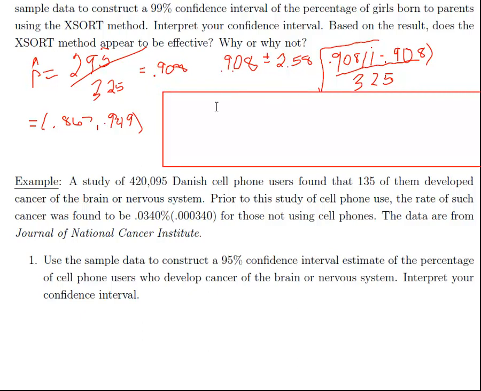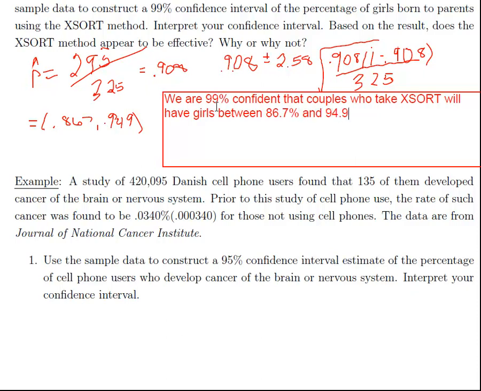So I can start out by saying we are 99% confident that couples who take XSORT will have girls between 86.7% and 94.9% of the time.